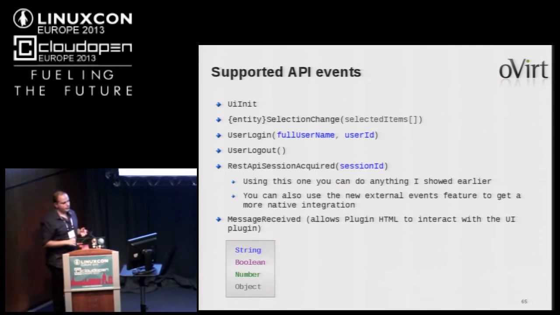For example, a nice plugin that NetApp wrote allows you to create a new volume in one of their filers and use a storage domain on that. So you would have a main tab, I don't remember if it's a main tab or an action button, but anyway, you say I would like to create a new NetApp volume, and then it will open the URL of the NetApp application, and you select the different NetApp properties.